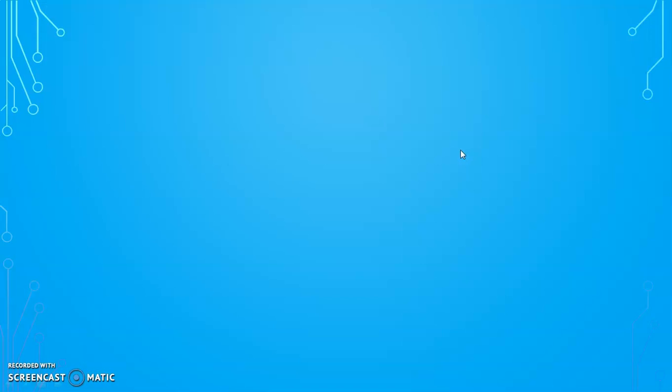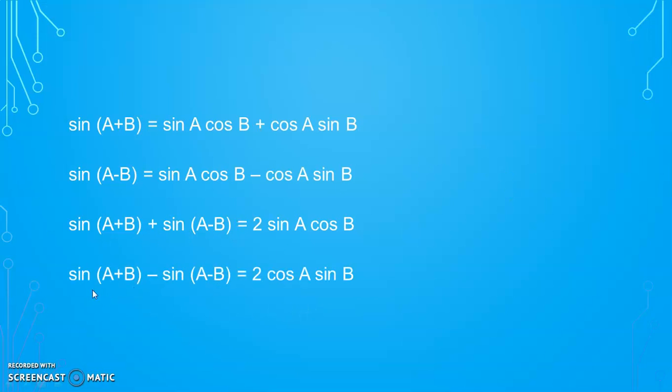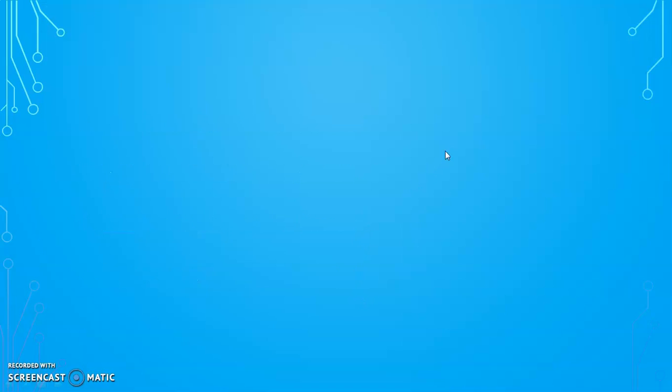So if you learn the sin(A+B) and sin(A−B) formulas, you can also learn the sin(A+B) plus sin(A−B) and sin(A+B) minus sin(A−B) formulas. From these two formulas, you can learn these two formulas too.